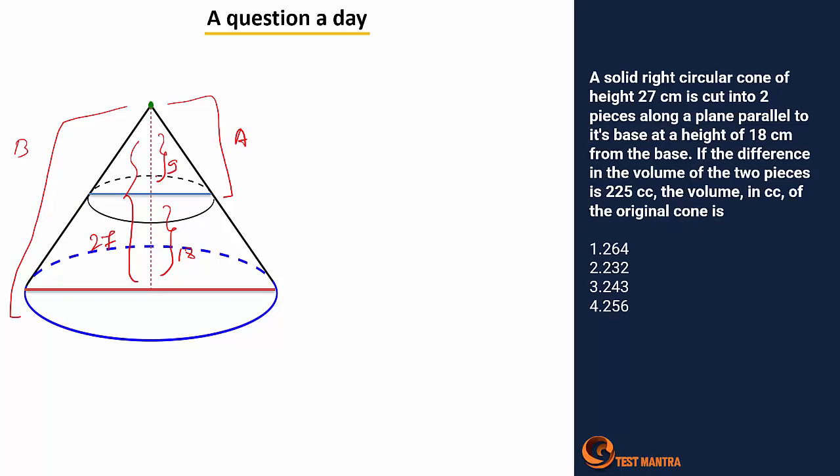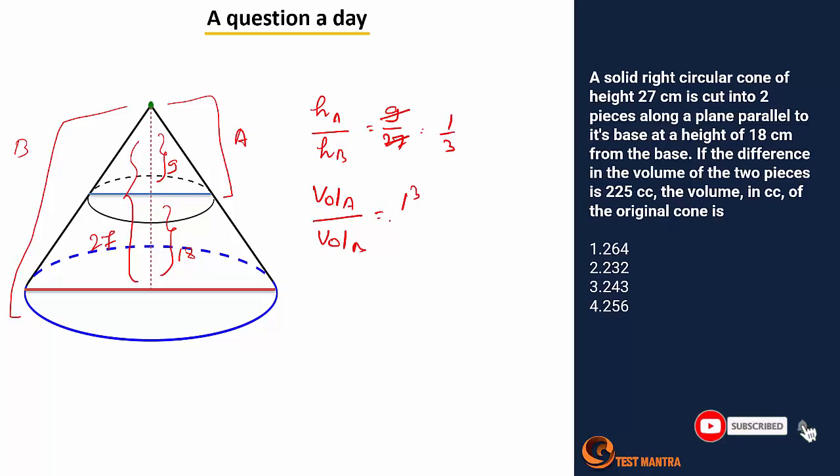So I can say the heights of these two similar figures, height of A and height of B, are in the ratio of 9 by 27, or else I can say it's in the ratio of 1:3.